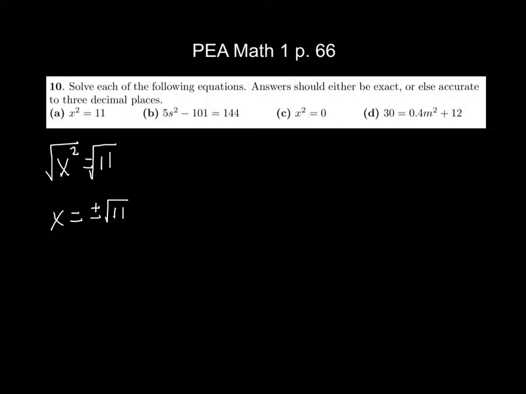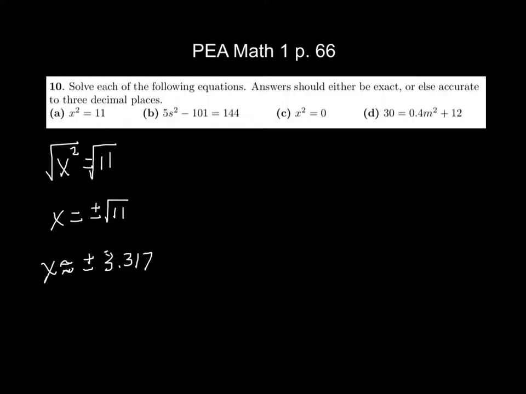Let's do that too. So we have x equals plus or minus 3.317. That's rounded. It's approximately that. And the easy reason it's plus or minus here is because if you square a positive or a negative 3.317, you'd get 11.